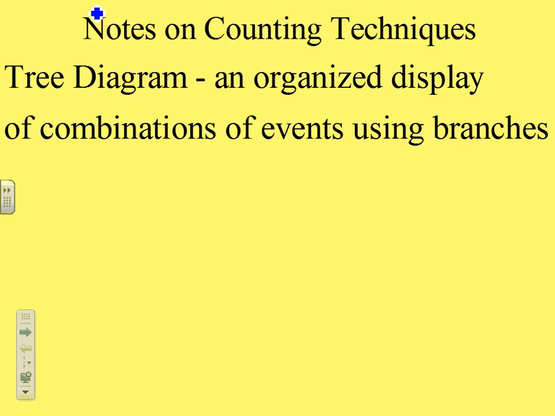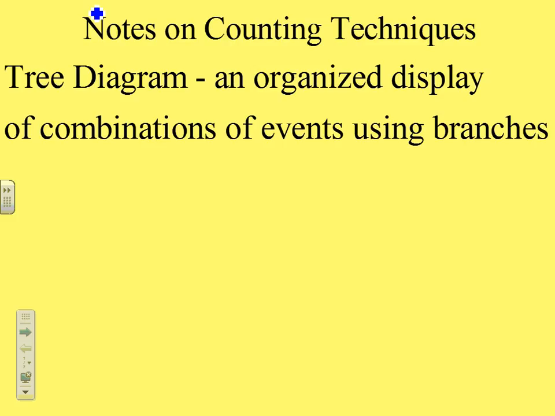Counting techniques is a way of identifying all of the possible combinations that you might be able to get in a particular situation. Like if you're flipping a coin or rolling a die, how many times could you get a 6 in a row? Or if you roll the die 10 times, what are the possible combinations of things that you could get? So that's what we're referring to when we talk about a counting technique.